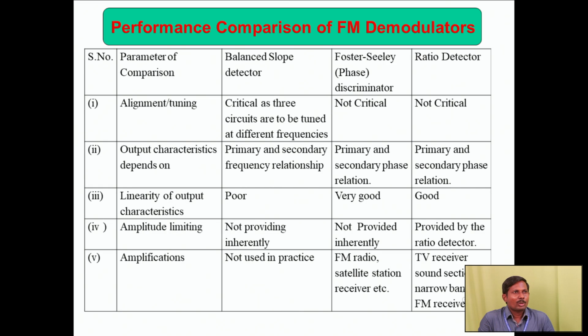Practically, the balanced slope detector is not utilized. The Foster-Seeley discriminator is utilized in FM radio, satellite stations, etc. The ratio detector is utilized in the TV receiver sound section and also in narrowband FM receivers.